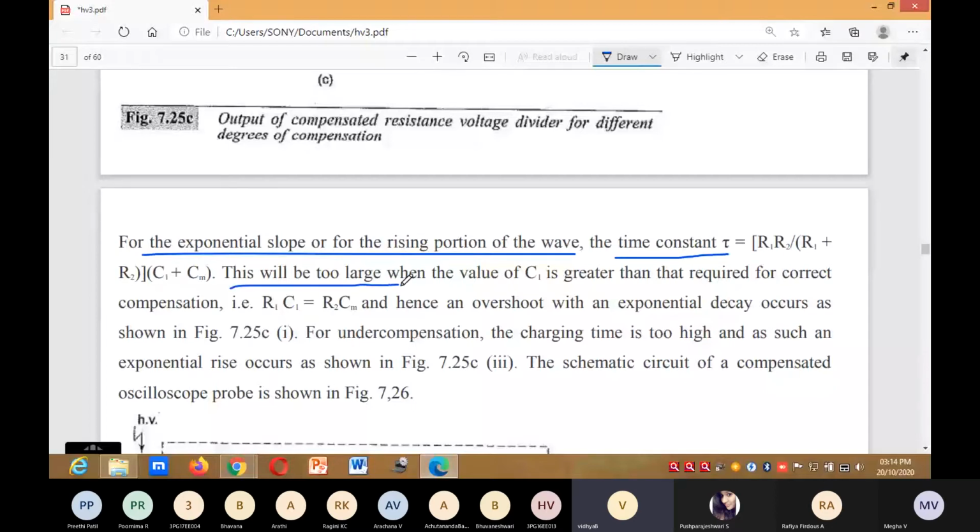This will be too large when the value of C1 is greater than that required for correct compensation, R1 C1 equal to R2 Cm, and hence an overshoot with an exponential decay occurs.